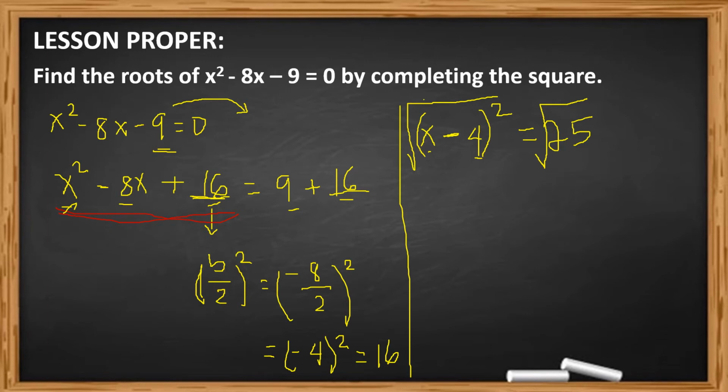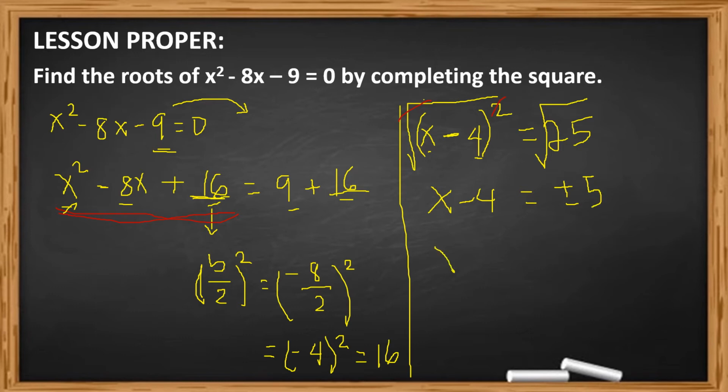So extract the square root of both sides. x minus 4 quantity squared, cancel each other. So x minus 4 is equal to the square root of 25, which is algebraically positive and negative 5.